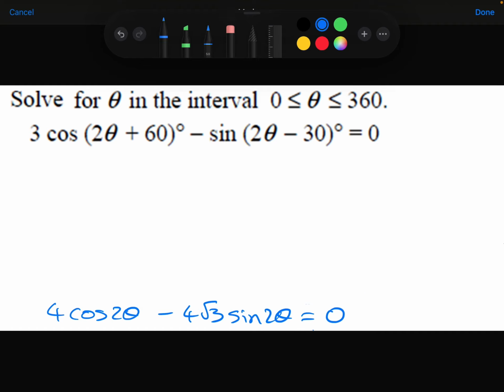Right, next job. I could divide everything through by cos 2θ at this stage. That way I would end up with a tan 2θ. So 4 cos 2θ divided by cos 2θ equals 4. The sin 2θ divided by cos 2θ is tan 2θ.